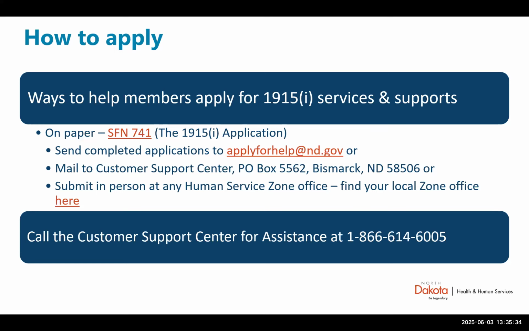If you want to, you can also mail it to the customer support center, or you can submit it in person to a human service zone office. And again, on the webpage we have the link to the human service zone office map so that people can look up where their human service zone offices are.